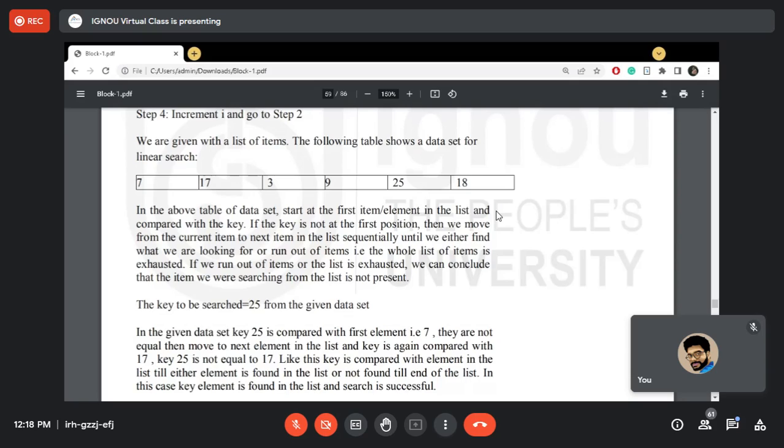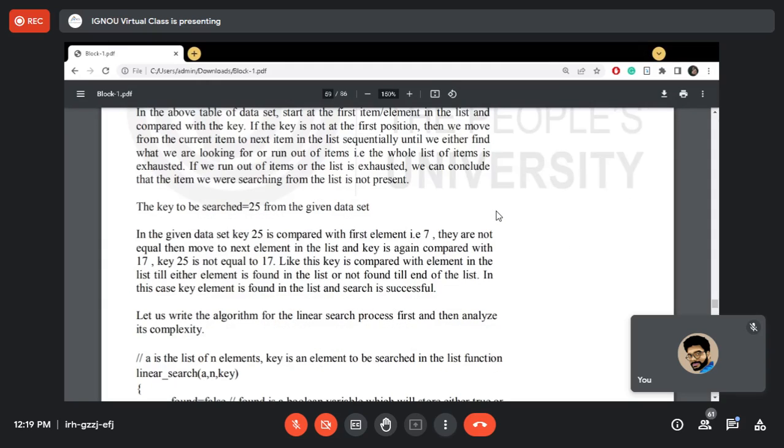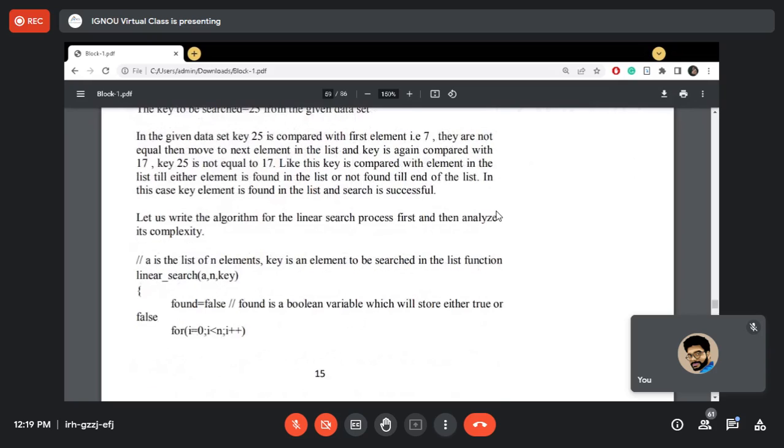Then the key is again compared with 70. If it is not equal, proceed till you get the result. That means when both elements are equal, you have to stop there and return the location, that means the ith location.